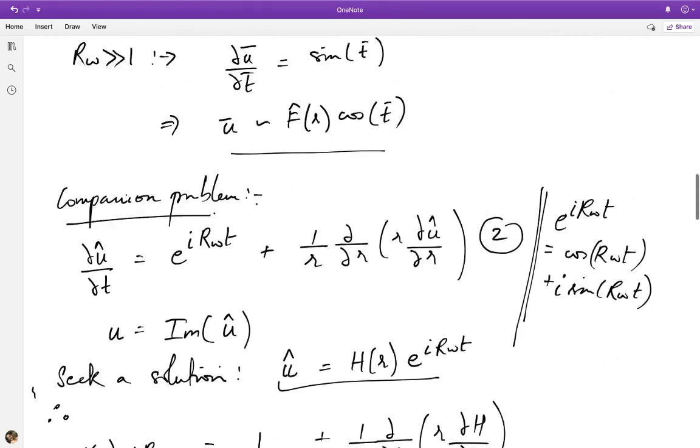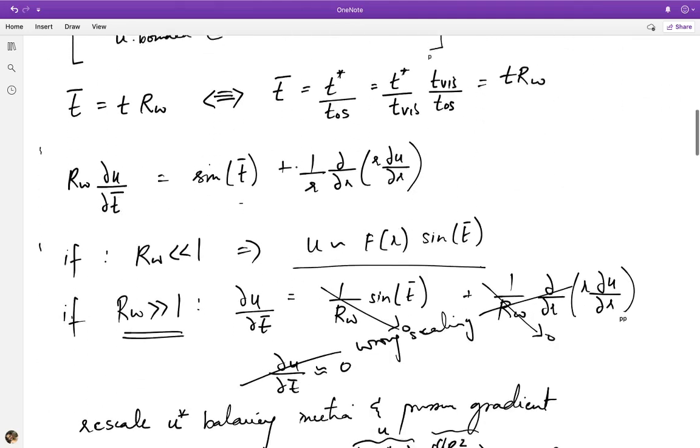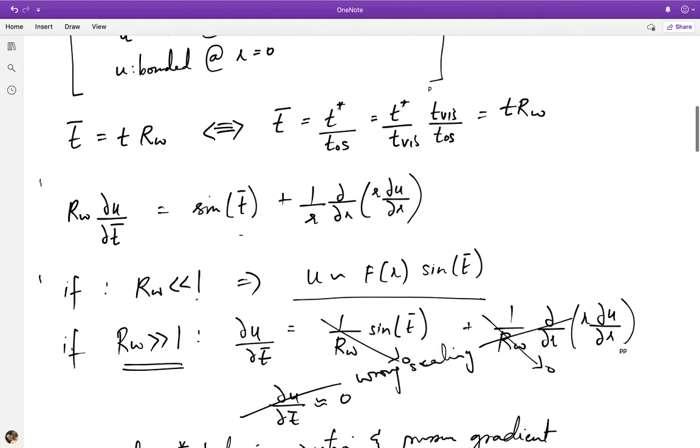In fact, it is a solution you would have obtained if you took r omega equal to 0 in the scaled version of the problem where r omega is much less than 1. Basically, in this problem, if you set r omega going to 0 and you solve the remainder, you will get a solution. And you can see this f of r is 1 minus r squared by 4.